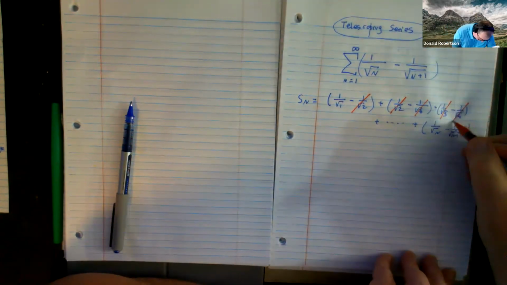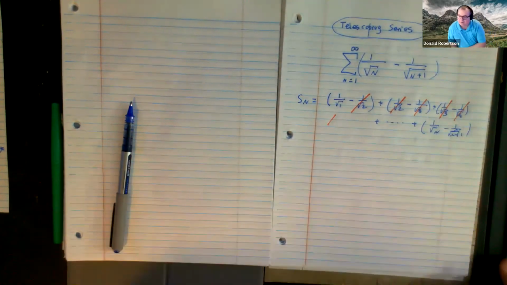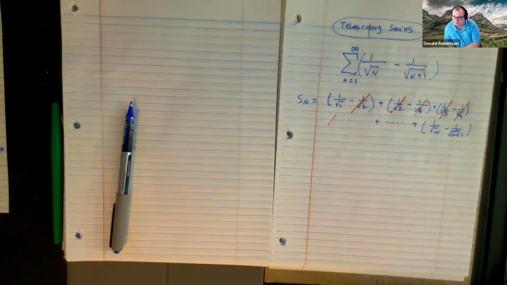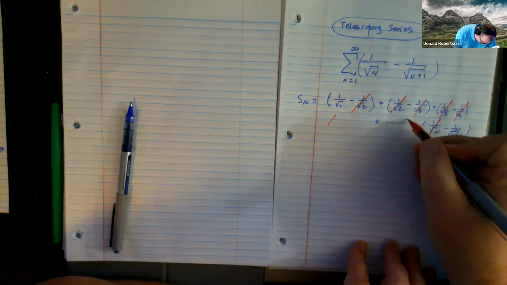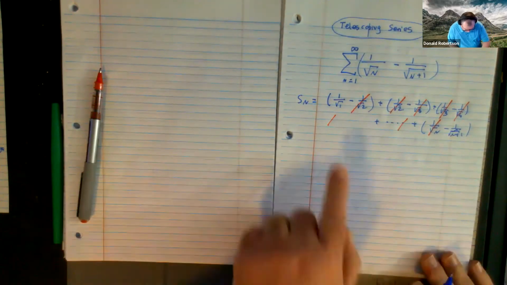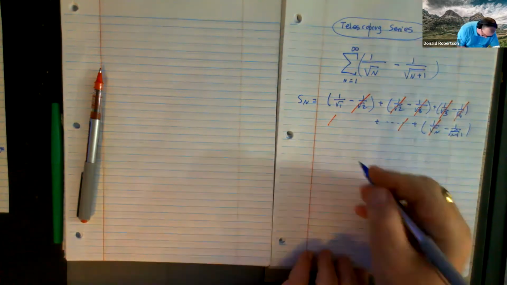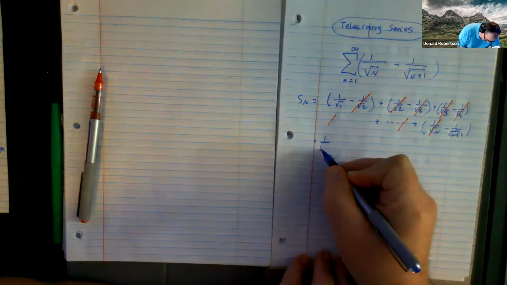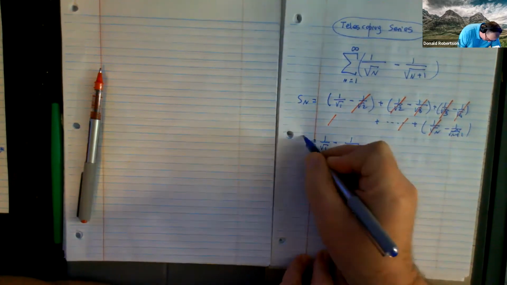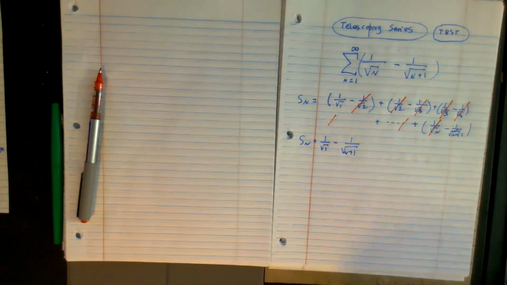Wouldn't that guy be killed off with the guy that would be here? And wouldn't all the guys in the middle be killed off? A bit harder to see, but see this guy here, won't he be killed off by a fellow that would be there? The result is that everybody in the middle kills each other off, and all I'm left with are those two terms. Agreed?